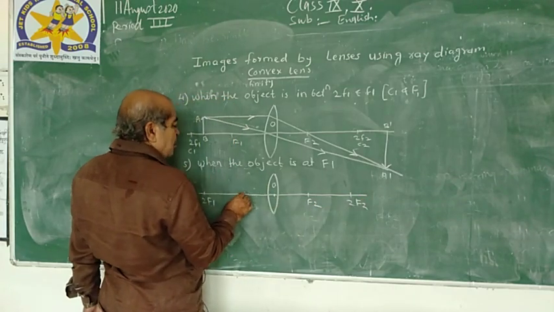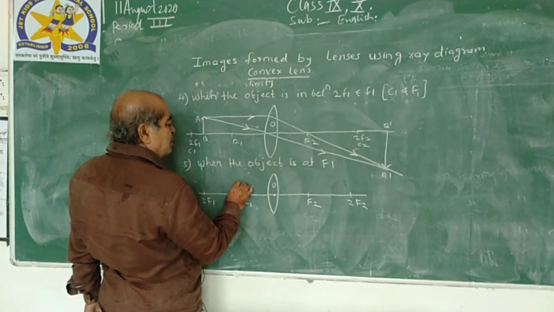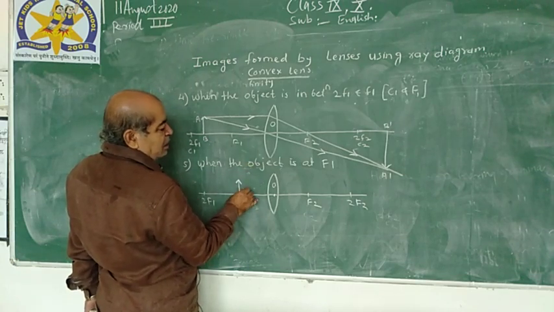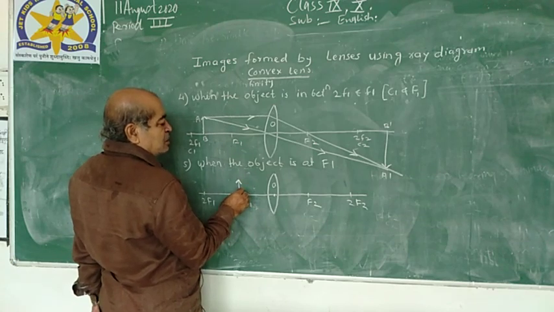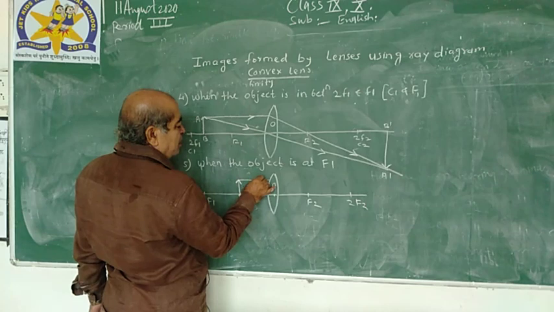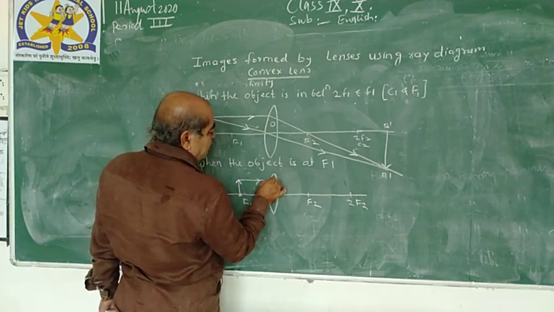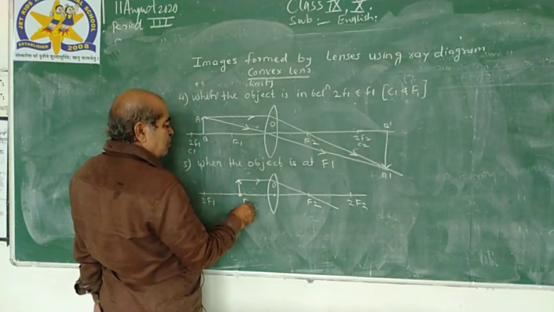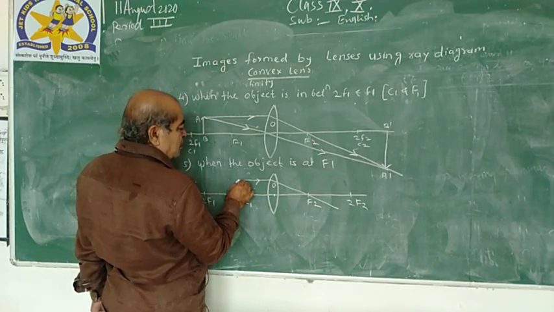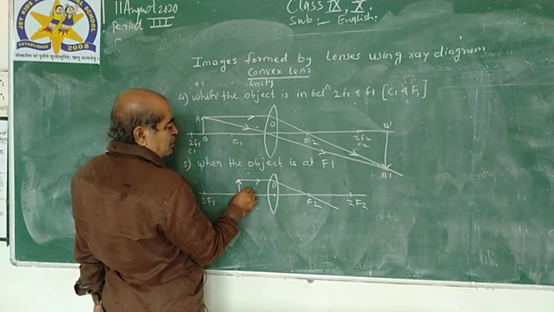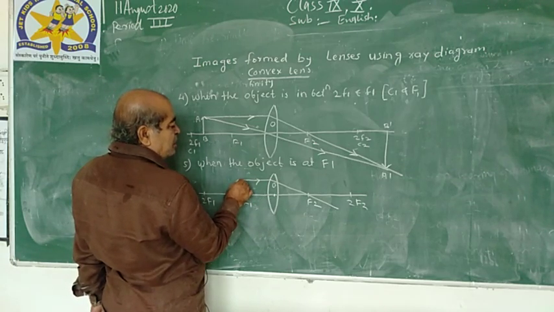So when the object is at the principal focus, this is the incident ray. After refraction it passes through the principal focus. This is the optic center.